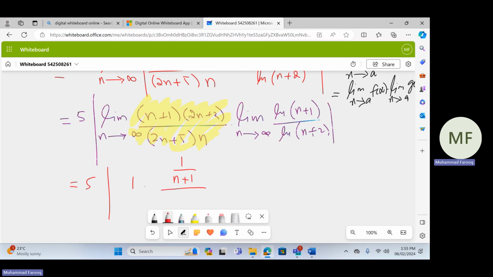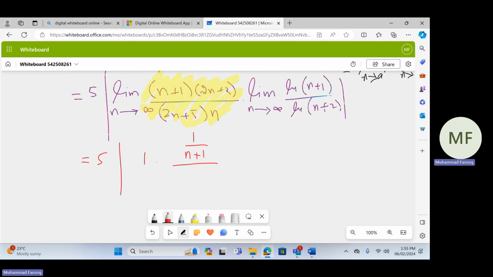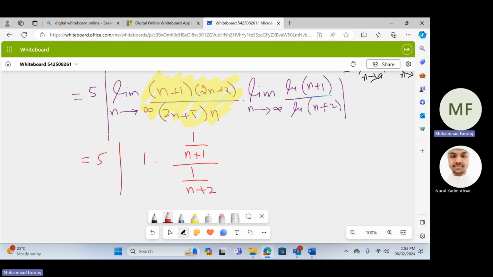Okay, good. Divide by the same thing here, ln of n plus 2 in the denominator. So 1 over the argument, and of course times 1. Now this divide changes to multiply, so it flips. It becomes n plus 2 over n plus 1.